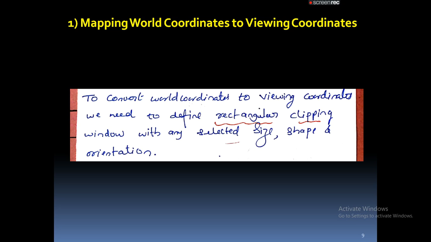As you can see, I have written either one, or you can assume it is the Roman numeral 1, right? First, please try to understand the objective of this particular problem.